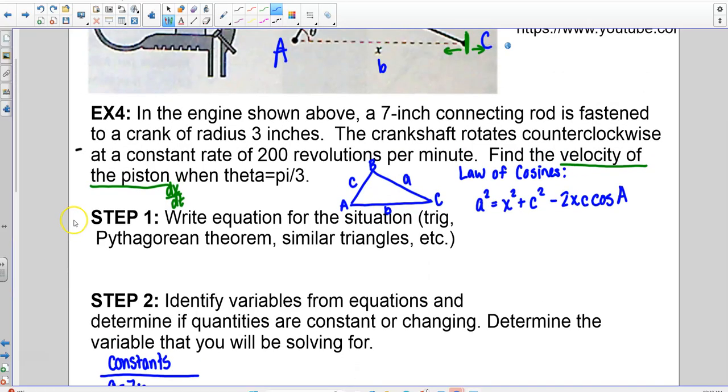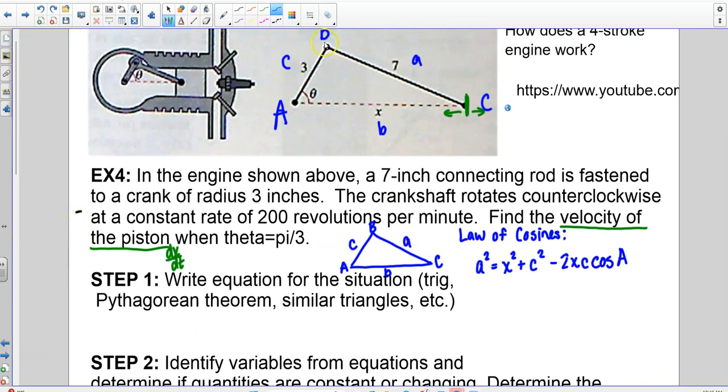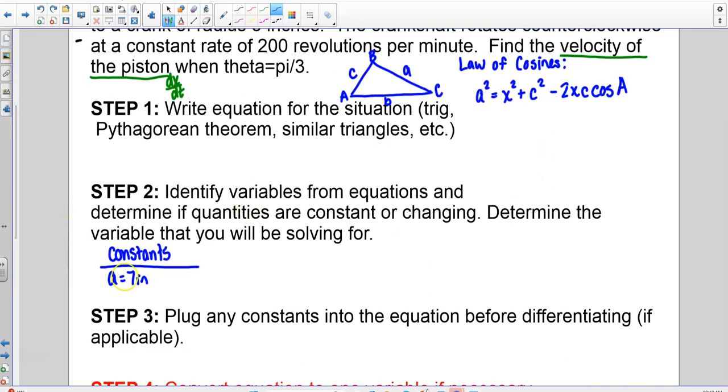And the C, which is the crankshaft right here, always has a length of 3 inches. Okay, our x value is changing.